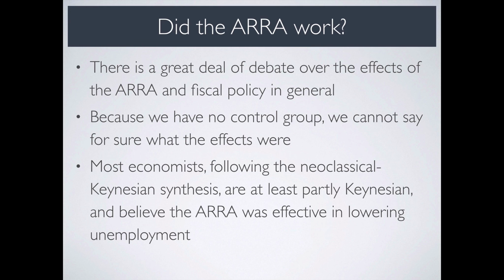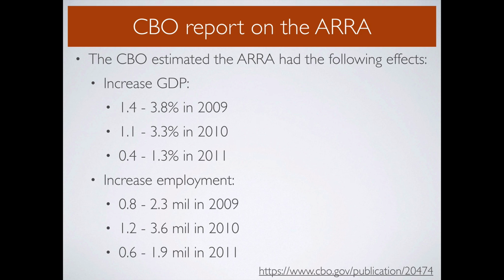We do have a number of different models or studies that have looked at this. One of them that's influential is from the CBO, the Congressional Budget Office. And the CBO estimated that the act had the following effects. That it would increase GDP in 2009 by between 1.4 and 3.8%, between 1.1 and 3.3% in 2010, and between 0.4 and 1.3% in 2011.